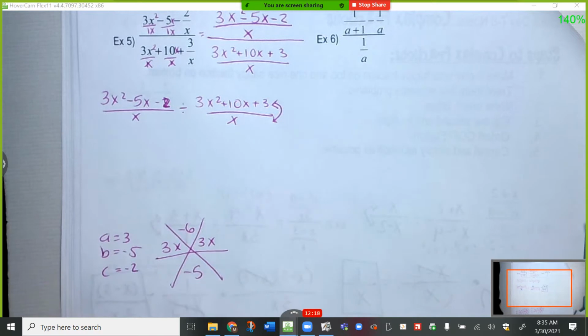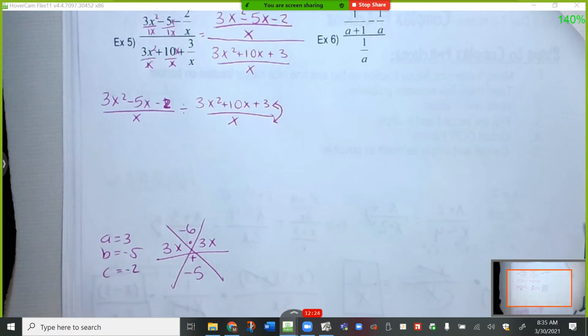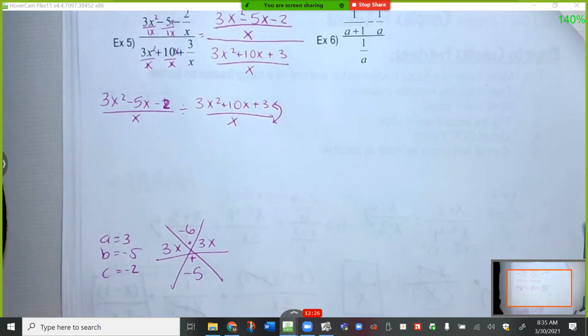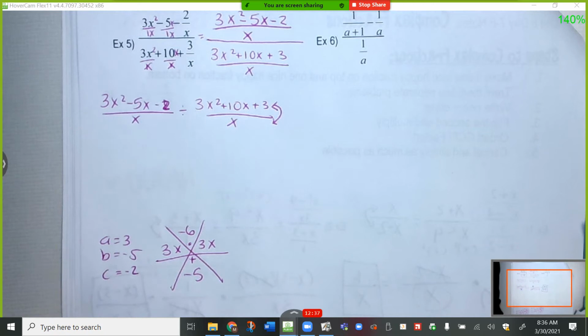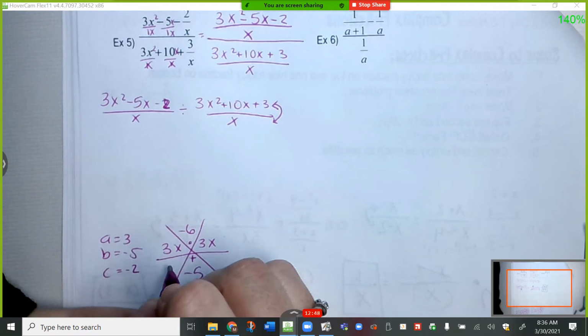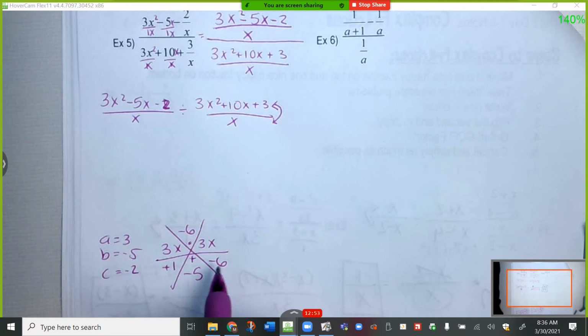What multiplies to give me negative 6 but adds to give me negative 5? Not quite. Because 2 negatives don't multiply to give you a negative. If the top was positive, that would be correct. So remember, we're technically subtracting here. Somebody said something? What'd you say? Not quite. Yes. So it's going to be negative 6 and positive 1. Because 1 times negative 6 equals negative 6, and 1 plus negative 6 equals negative 5.